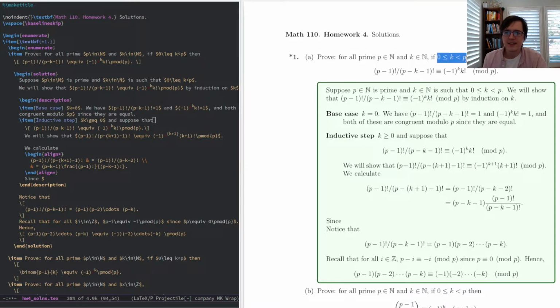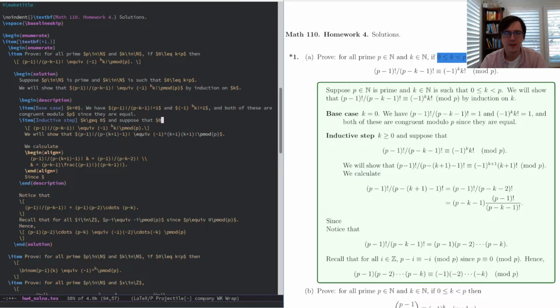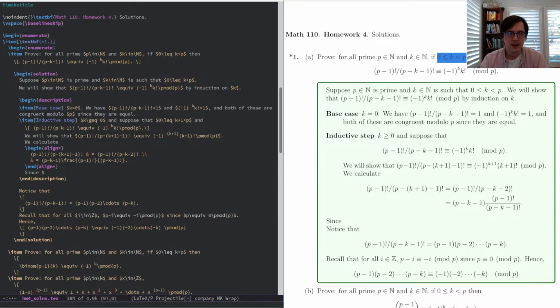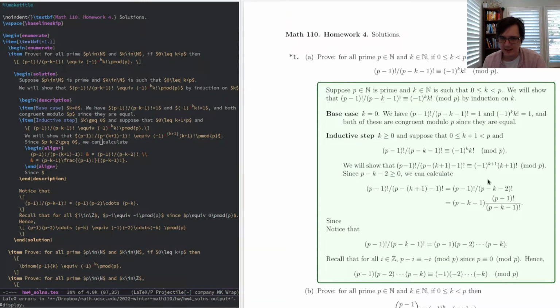One of our hypotheses is this, but we can assume that for the next case. So then, since p minus k minus 2 is greater than or equal to 0, we can calculate... Oops, I forgot to close the dollar sign, but it's okay for now. Okay, so we have that assumption.